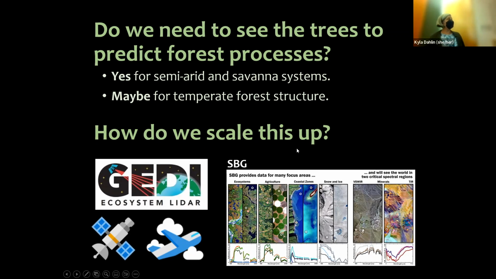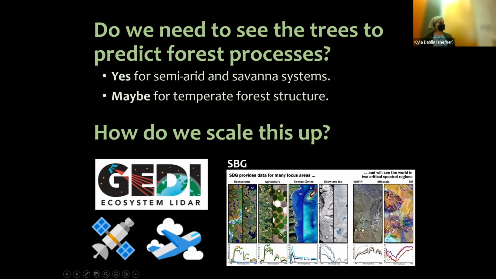And then currently in the planning stages is the Surface Biology and Geology mission, which would be a hyperspectral satellite that would potentially launch in, I think, 2028, maybe now.